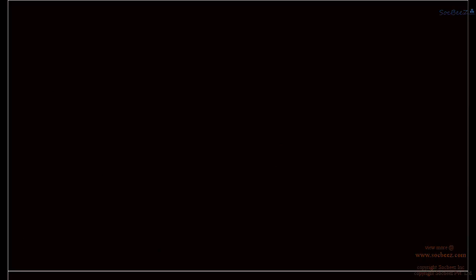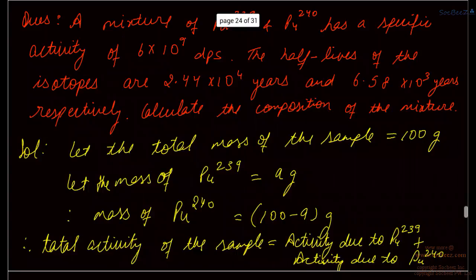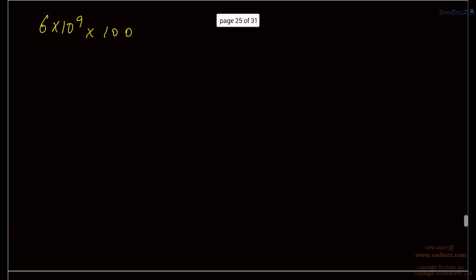The specific activity of the sample into the total mass of the sample will be the activity due to both species. Here it was given that the specific activity was 6 into 10 raised to the power 9 dps, so the total activity will be specific activity into mass of sample.